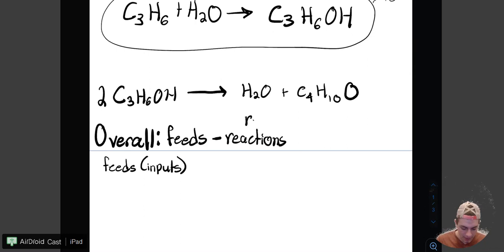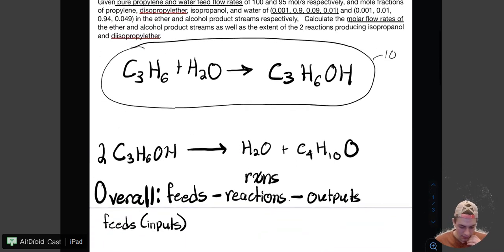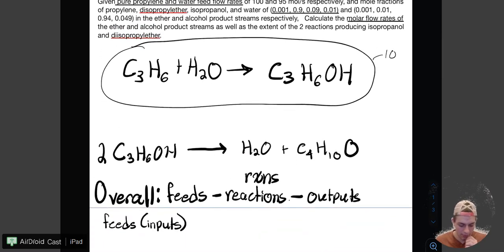And I'll probably write reactions as xn from here on out. Feeds minus the reactions minus the outputs should give us the overall balance. And these outputs would be the ether and alcohol product streams. So let's actually call this products.